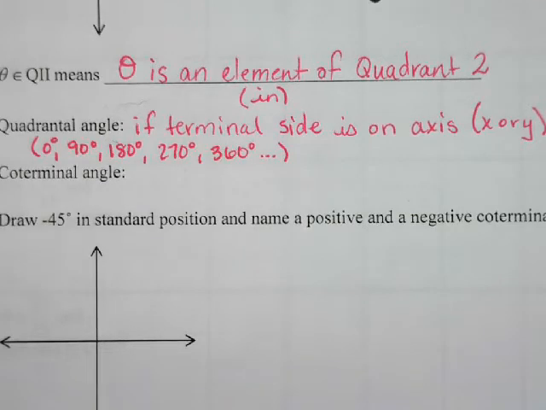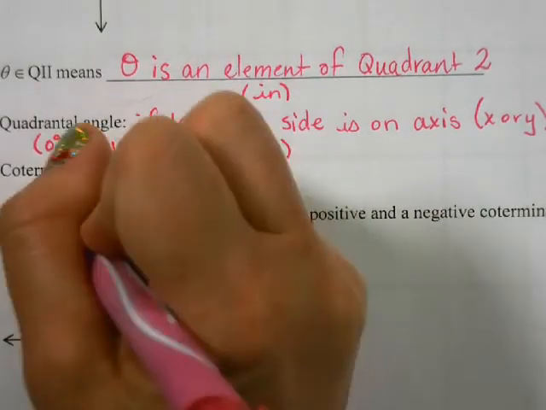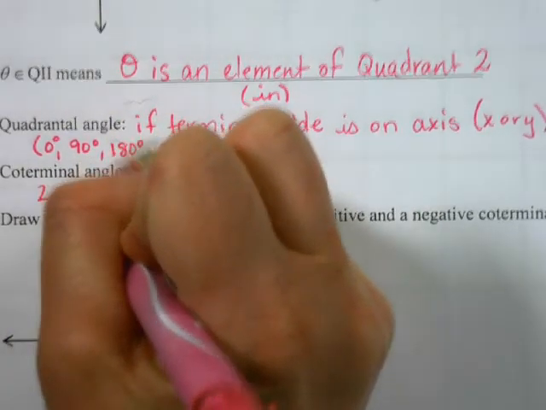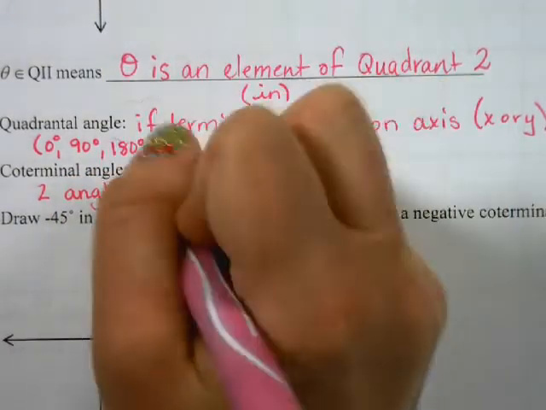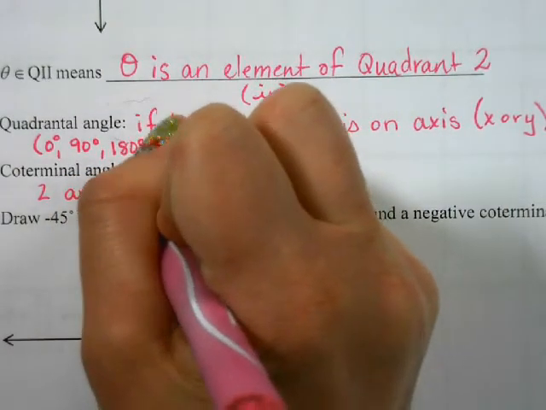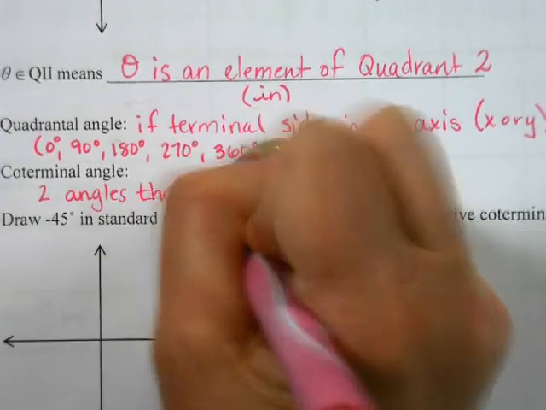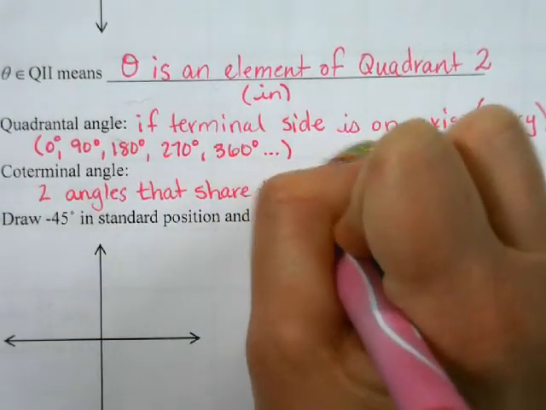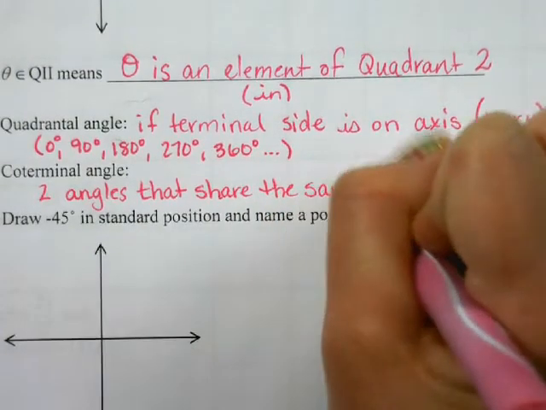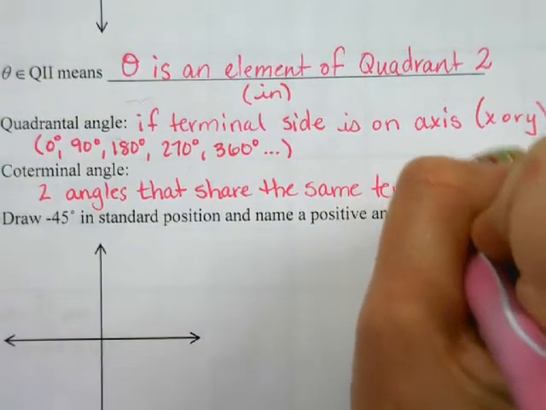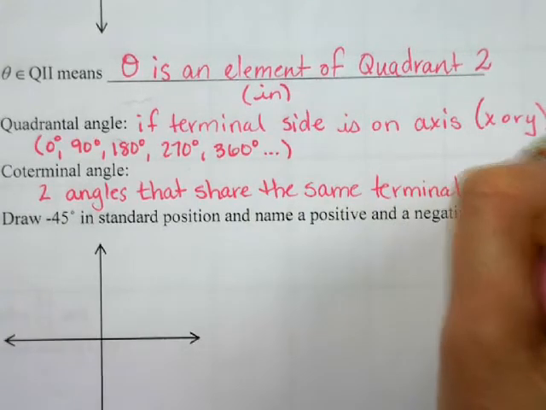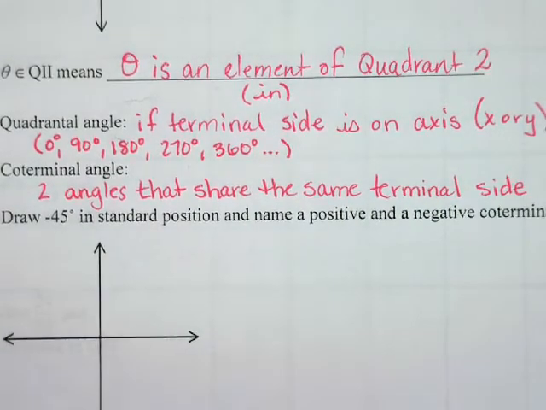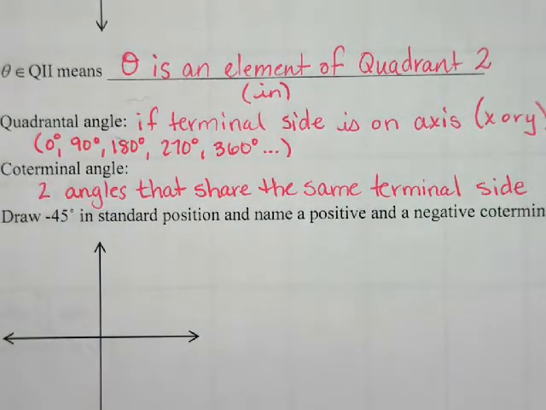Okay, so a coterminal angle, those are two angles that share the same terminal side. So we just talked about two of them.